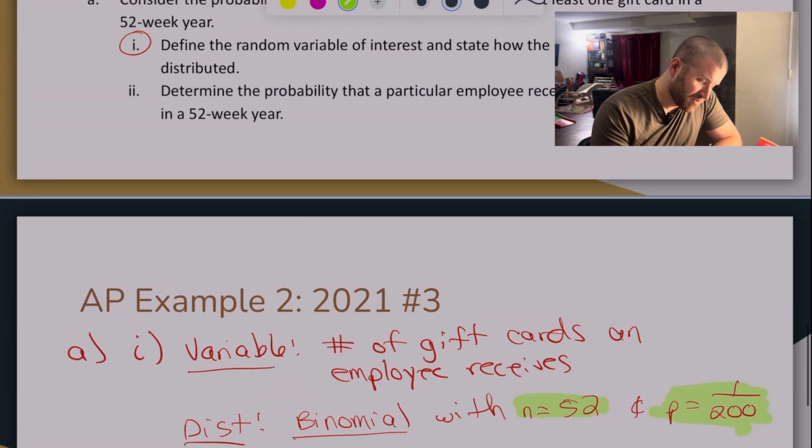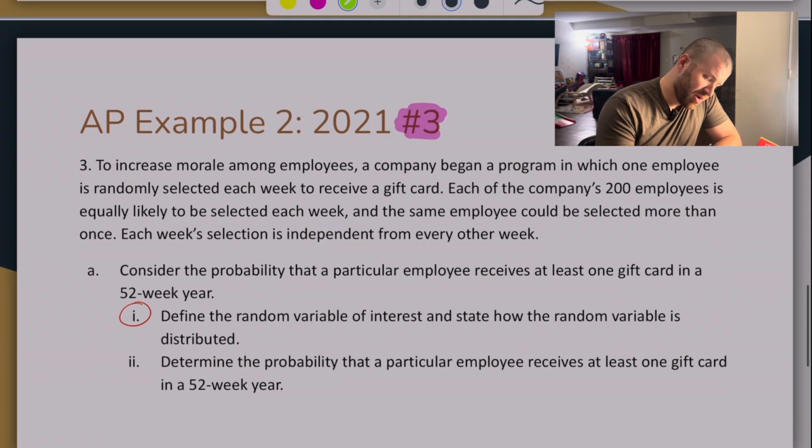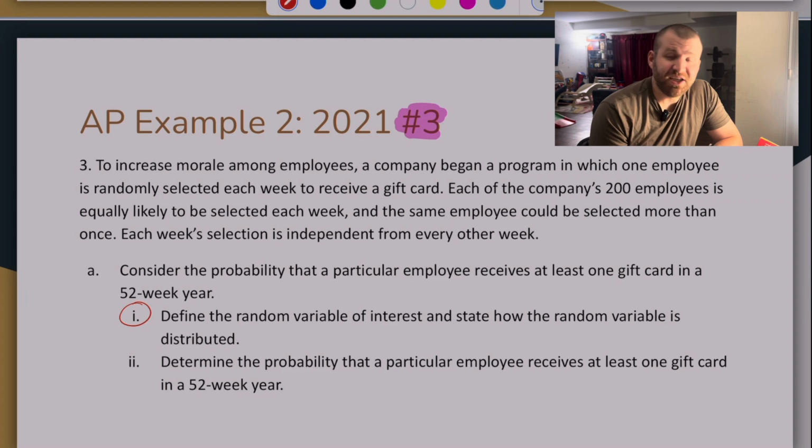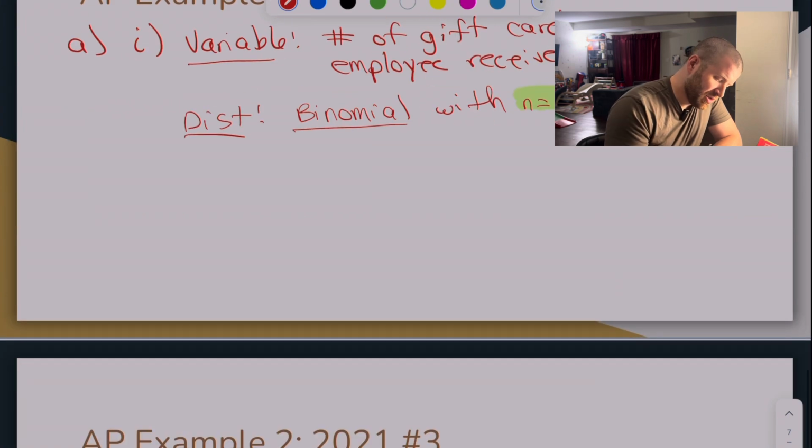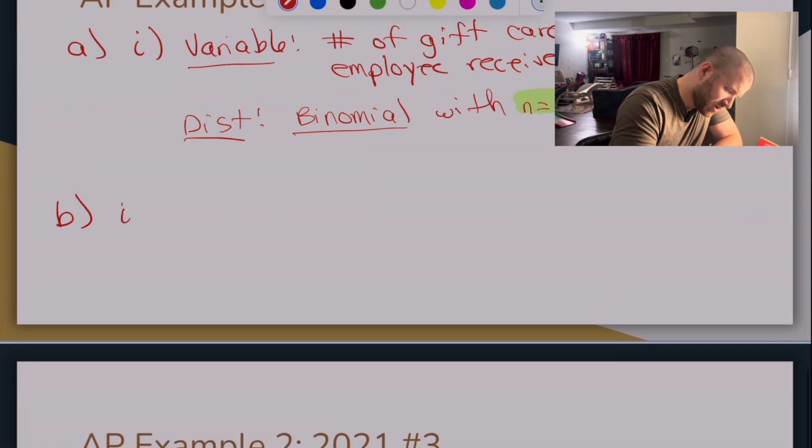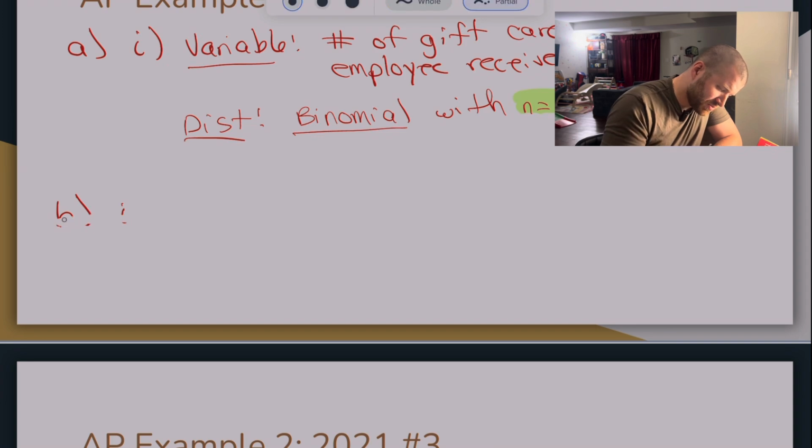Now for part 2 of this question, determine the probability that a particular employee receives at least one gift card in a 52-week year. So in this particular case, at least one. Oh, sorry, this isn't actually B. This is A part 2.